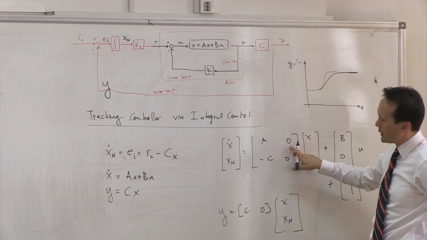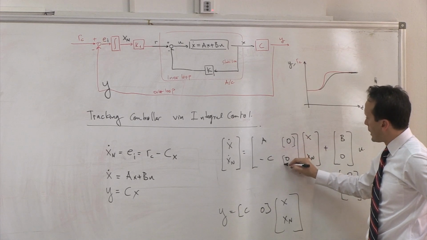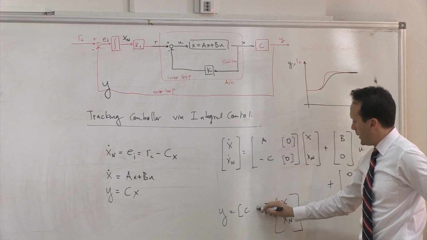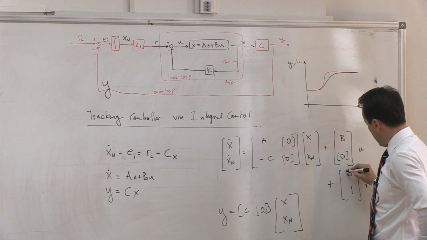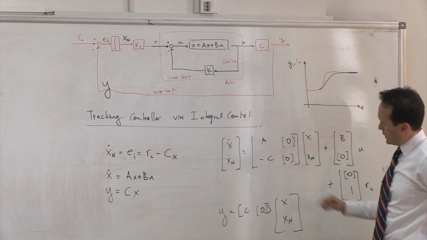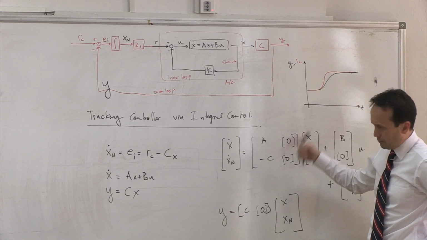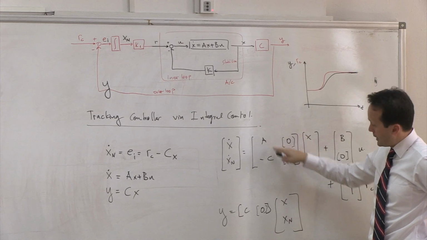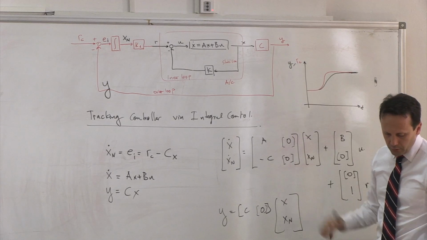So whenever I wrote a 0, it means the appropriate 0 matrix. It is not only a 0, it's a 0 matrix that corresponds to the appropriate size when you write A and C and B in these equations. Okay? So far so good.